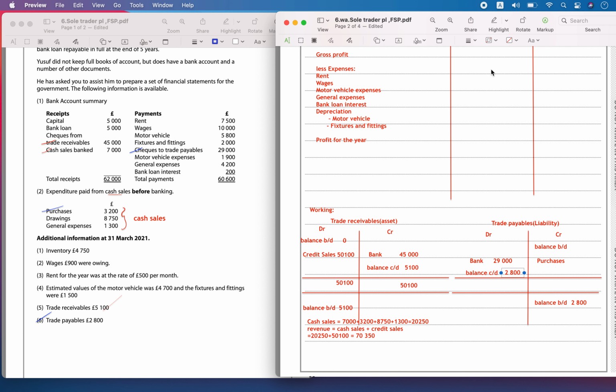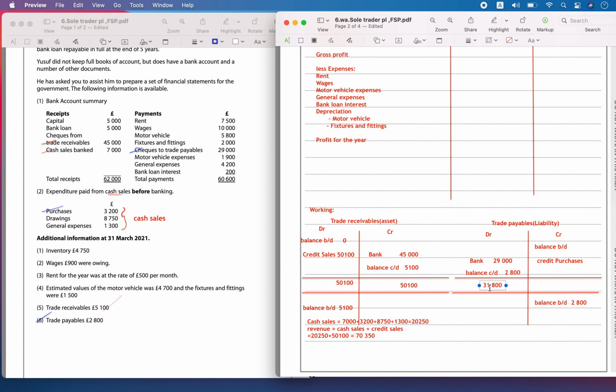Now the total purchases, okay, we will see. The cash expenditure paid from cash sales before banking was another amount of purchases they have done using cash. Okay, so now let's calculate only the credit purchases. 29,000 plus 2,800, so that is equal to 31,800.